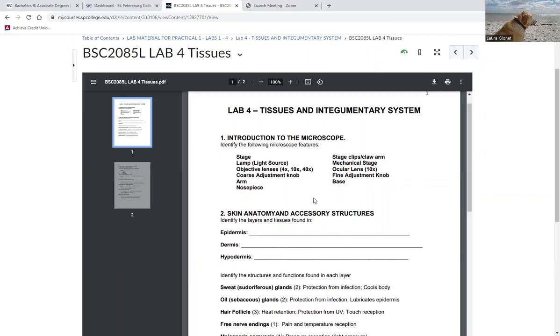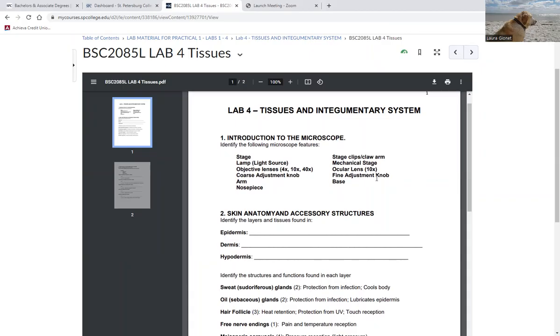Be able to identify the following microscope features: the stage, the lamp, the light source, the objective lenses. We have 4x, 10x, and 40x. Those are scanning, low, and high magnification levels. We have the coarse adjustment knob.